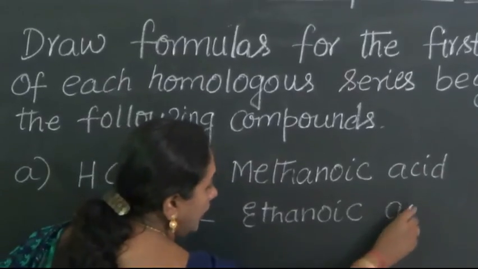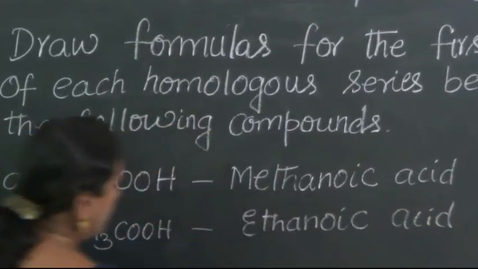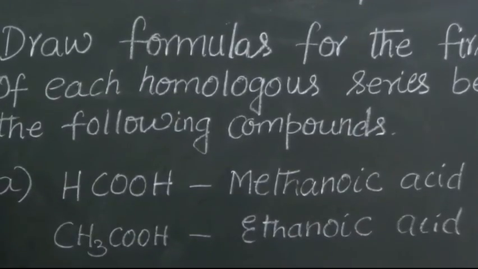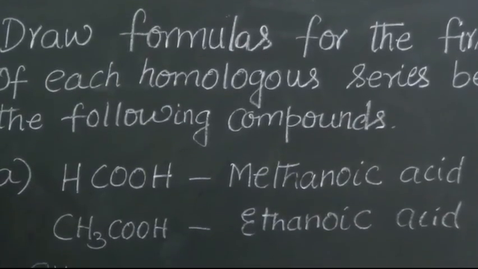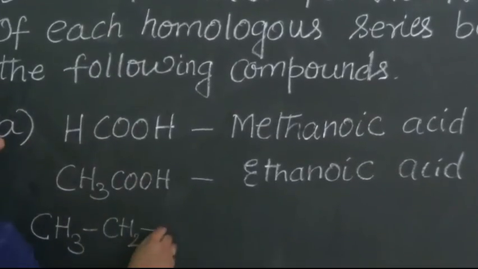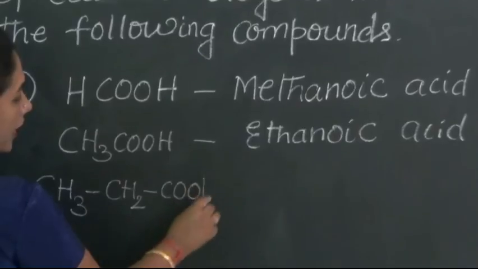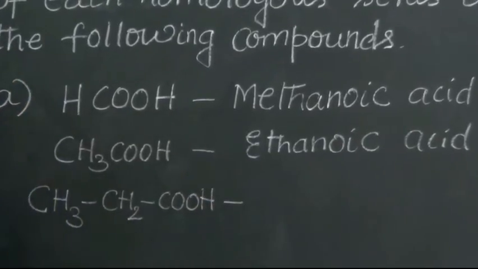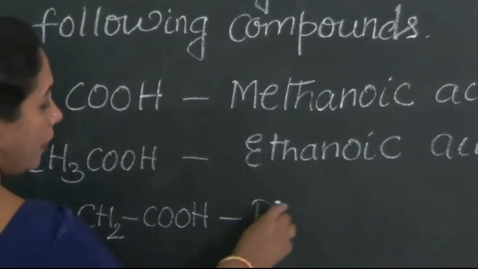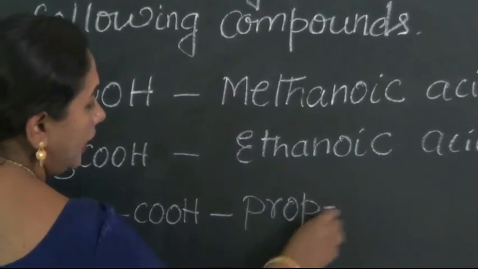Then add one more CH2 to this, then you will get the next member of the same homologous series. CH3CH2COOH is the molecular formula, and the name of this compound is propanoic acid.